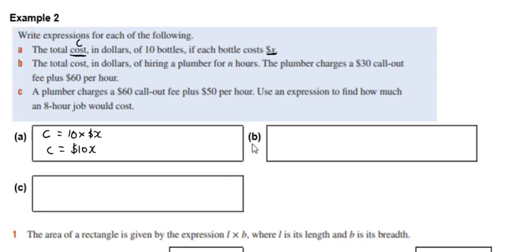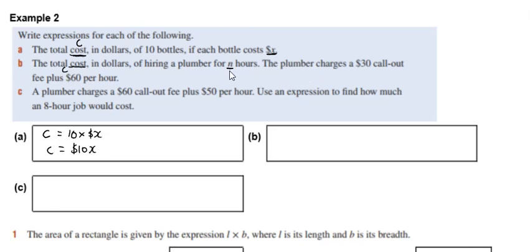Now, part B, the total cost in dollars of hiring a plumber for N hours. The plumber charges a call-out fee of $30, plus he charges $60 per hour. So again, we've got total cost, so I'm going to use C again.